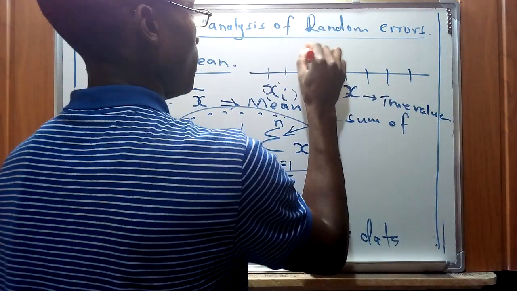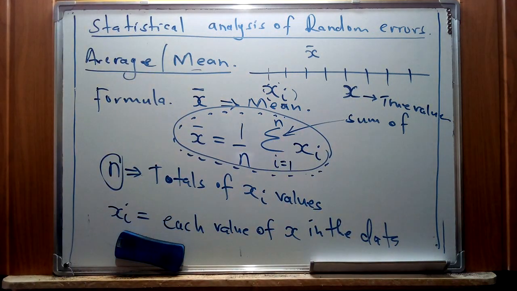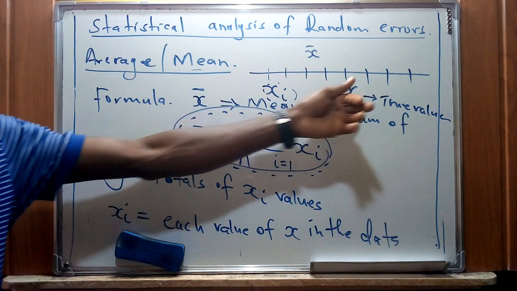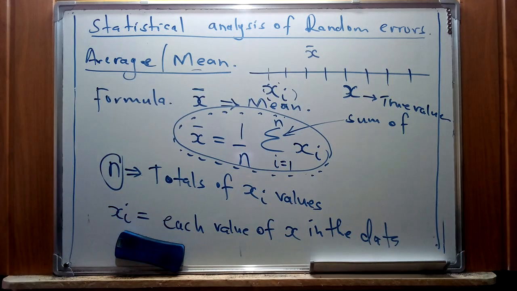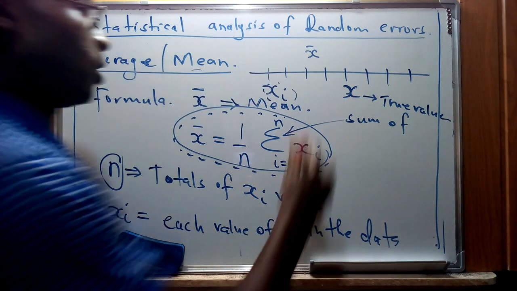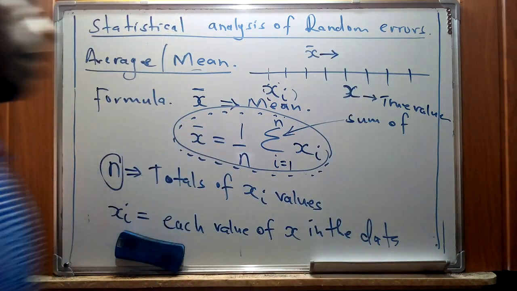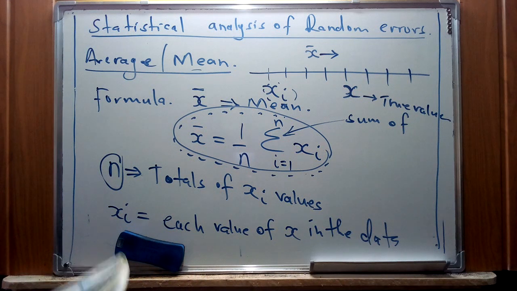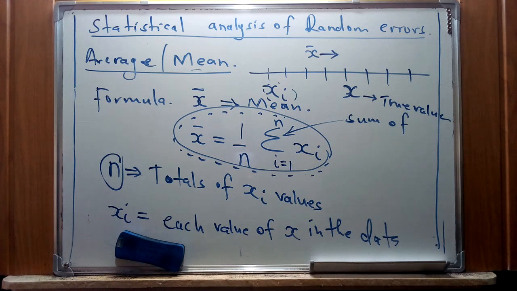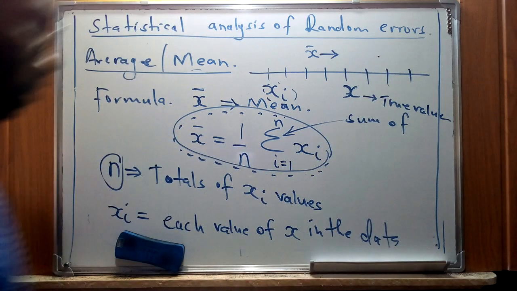As the number of readings increases, the average is going to move towards the true value, and that is one way in which we reduce these instances of random errors.